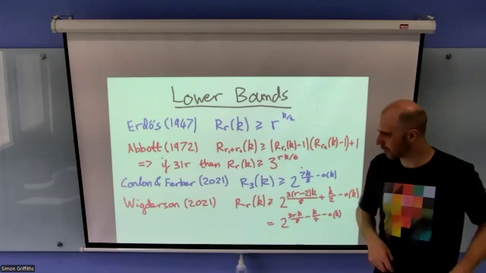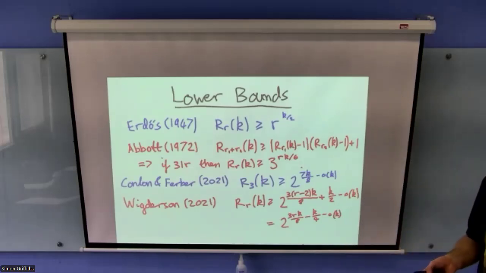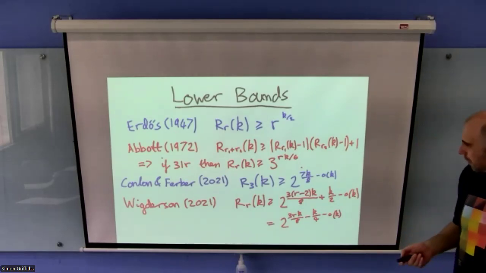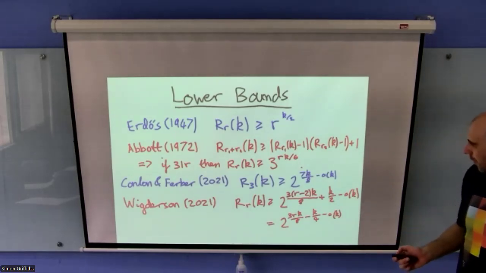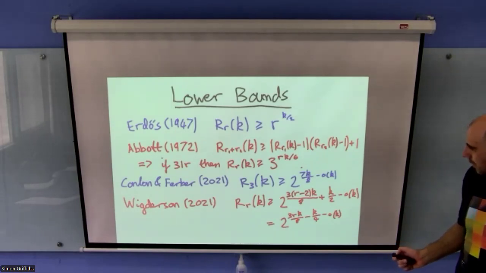Wigderson, I think, was in some way inspired by the ideas of Conlon and Ferber, because soon afterwards he came up with a variation of their ideas, which allows you to prove, okay, it looks like a bit of a mess, but the final thing is you basically got 3 to the rk over 8 minus k over 4.